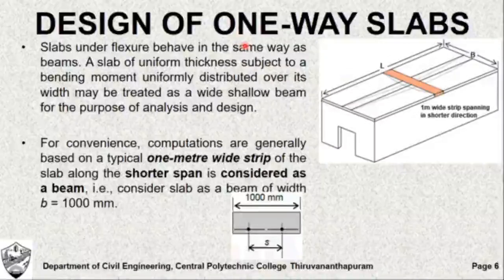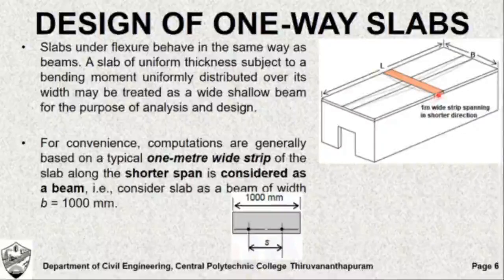Coming to the design of one-way slab, what are the essential conditions to be taken care of? We know that in case of one-way slab, the shorter span is very important, and since the deflection of this strip of slab in the shorter span is very important, we can compare such a strip to a beam, which we have already learned.